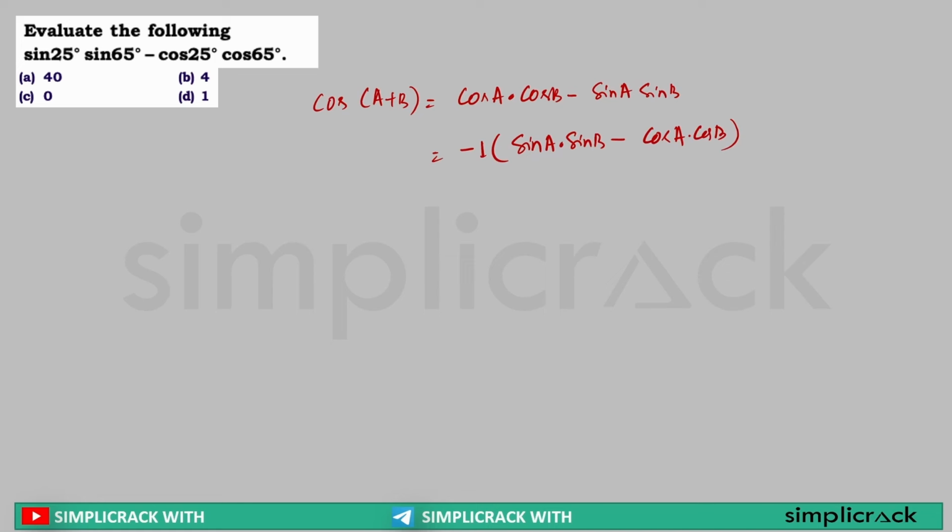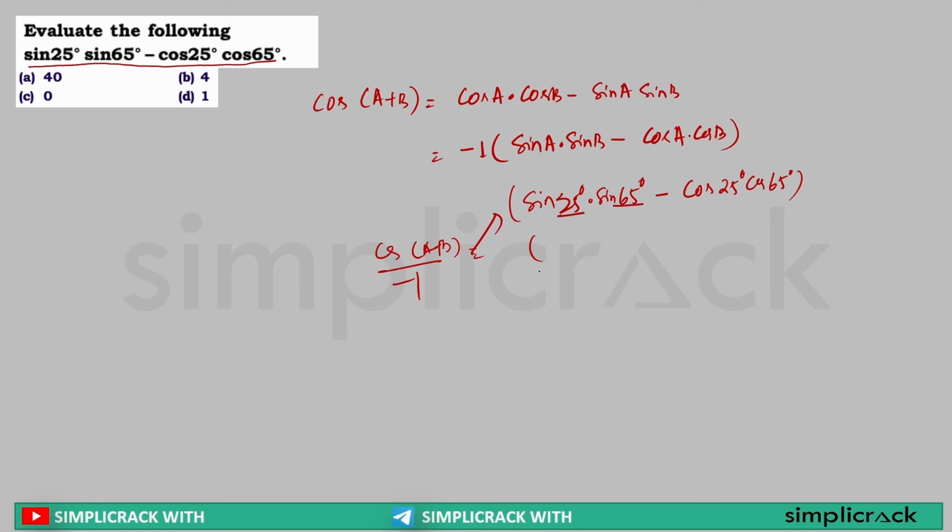Yes or no? Yes. Now, sir, in this question it is saying sin 25 degree into sin 65 degree minus cos 25 degree into cos 65 degree. Here I can directly write sin 25 degree into sin 65 degree minus cos 25 degree into cos 65 degree. That means this is equal to what? If I multiply minus 1 over here, cos(A plus B) divided by minus 1 is equal to this.